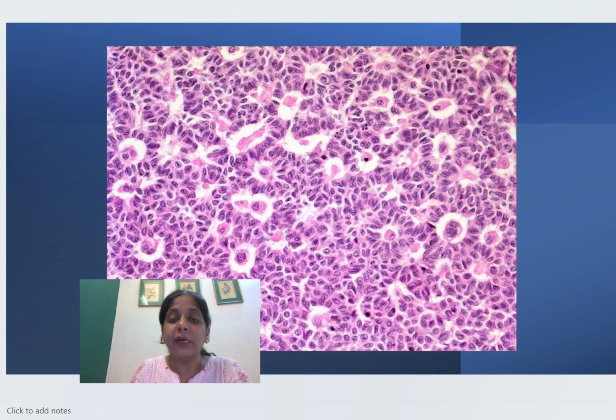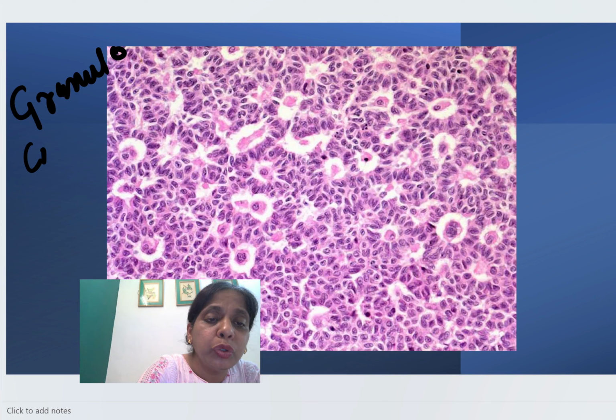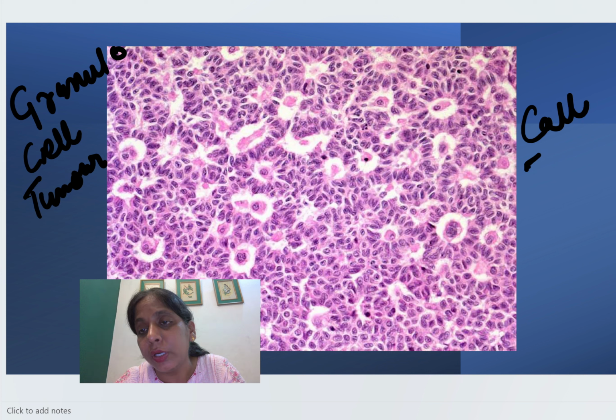And now these are the Call-Exner bodies, and these are the histopath findings of granulosa cell tumor. So I have made you learn only two tumors' histopath findings: Schiller-Duval body, and the other is the Call-Exner bodies.